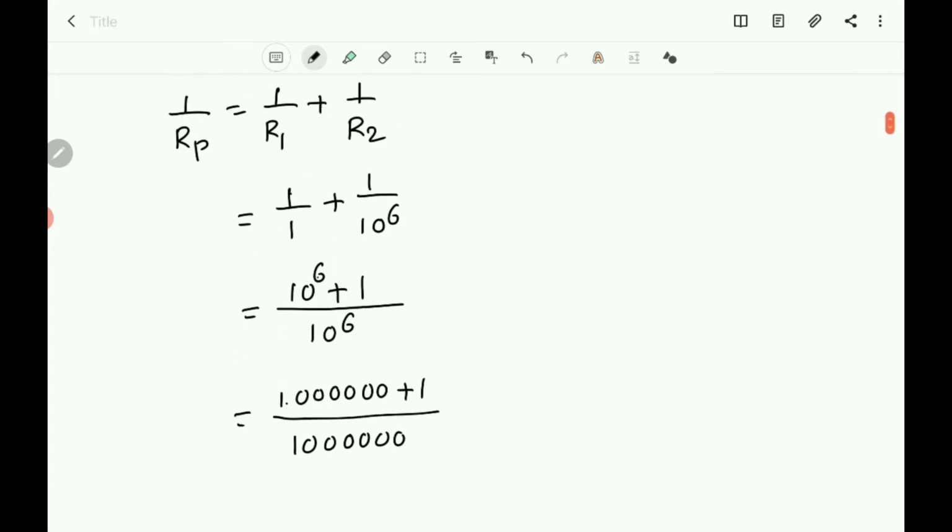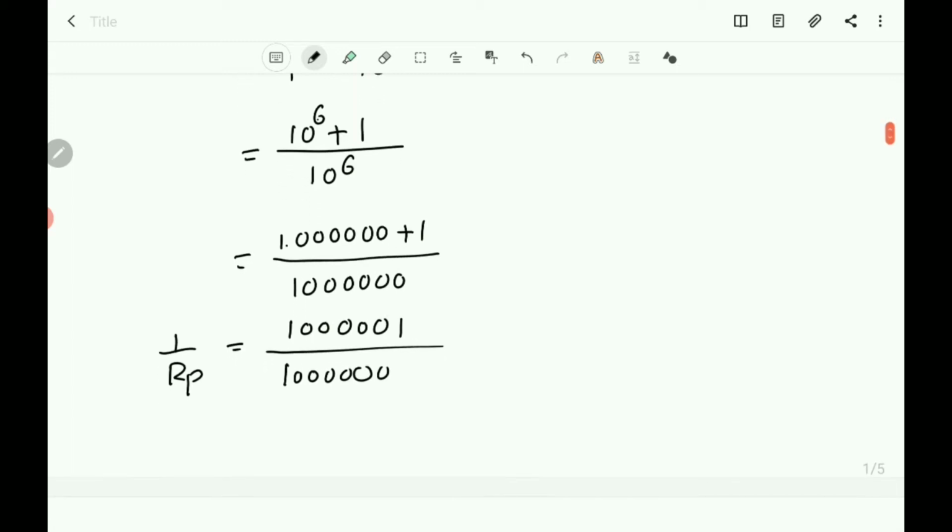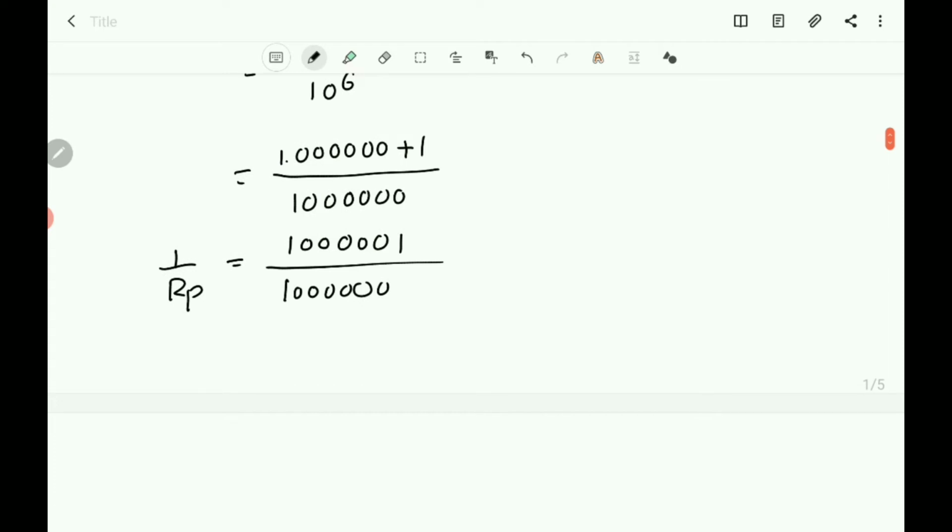And here 1 by Rp is equal to 10 lakh plus 1 by 10 lakh. So if you take Rp, it becomes 10 lakh by 10 lakh 1.